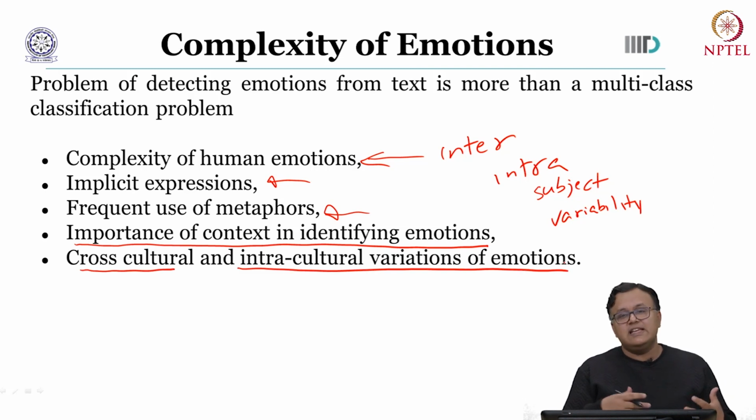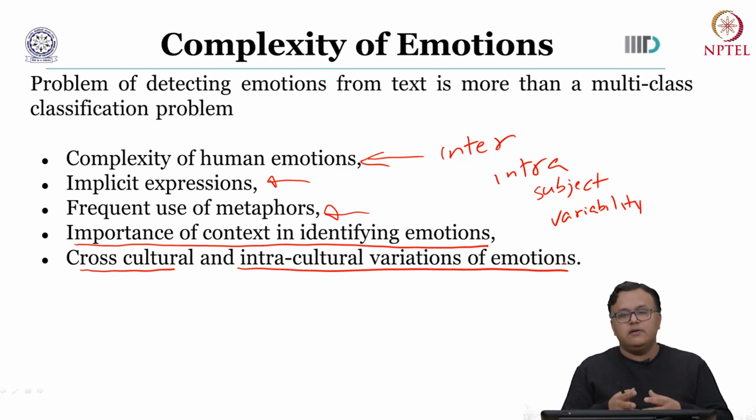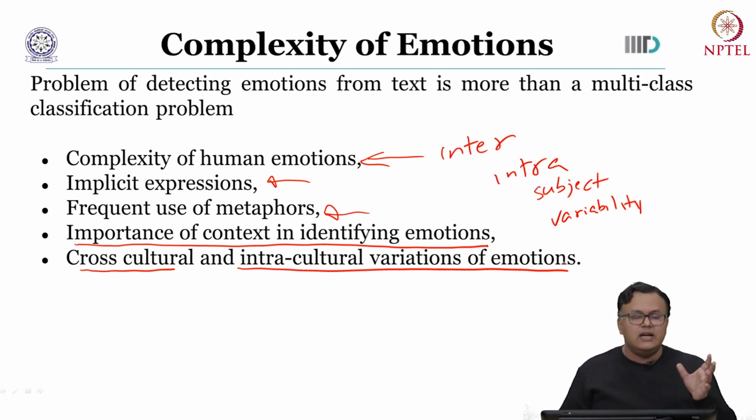Even if you are looking at the same language, different people will be expressing the same content in different manners, which would mean that there is a lot of variation, even though, let's say, the subjects are trying to convey the same emotion but in different styles, right? So this actually makes the task complex, and that means we will be required to have a multi-class approach here.